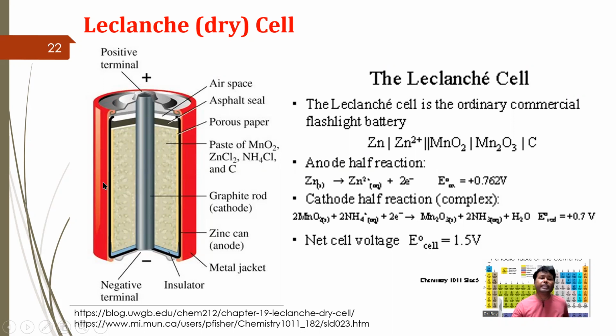Normally the plastic has no function, but it is used to mention the name of the producer, the cost, the direction of the electricity flow and many other things, and the voltage of this cell, how much potential difference it can generate. Normally the Leclanché cell has a potential difference of 1.5 volt.